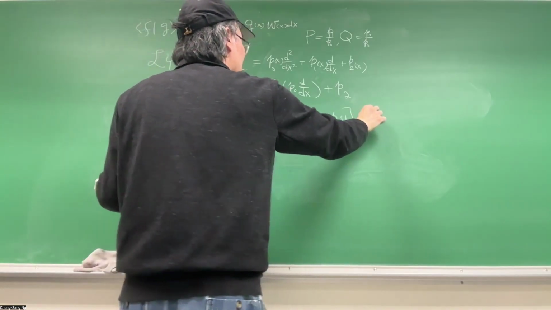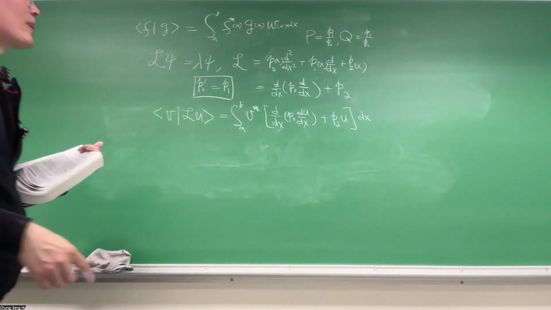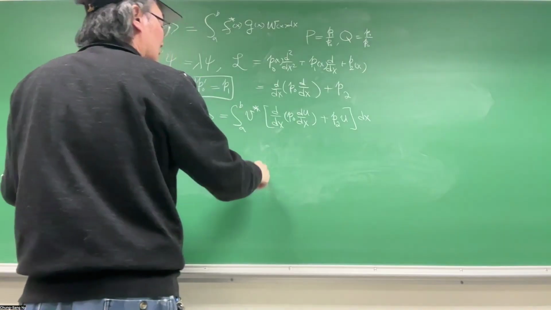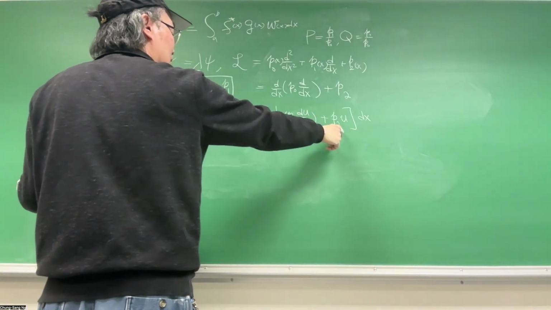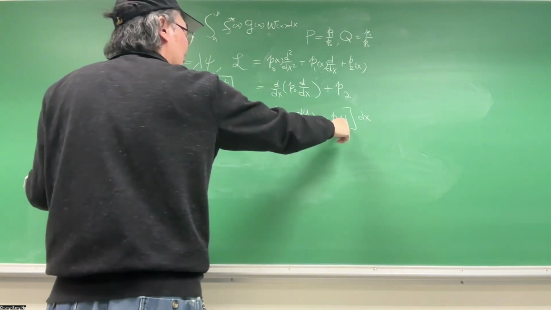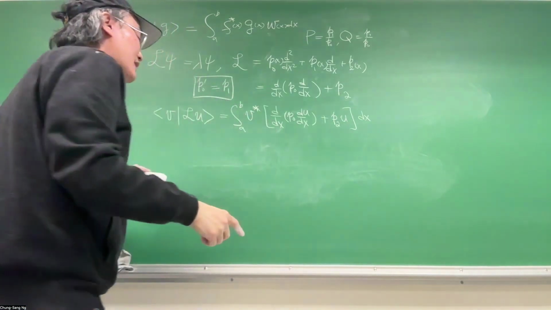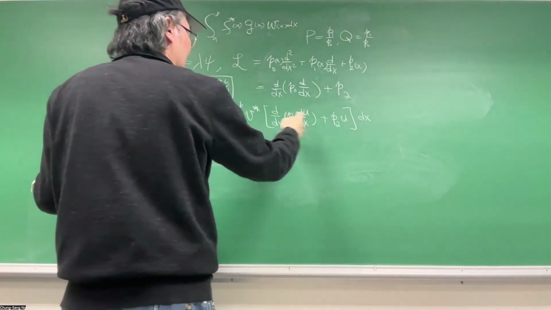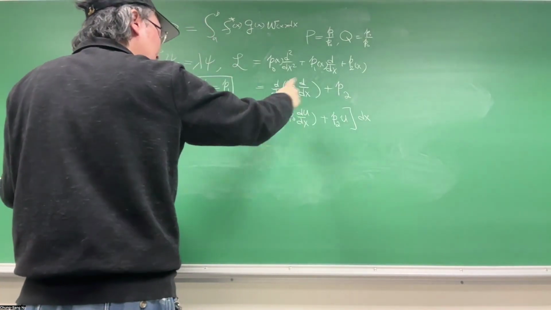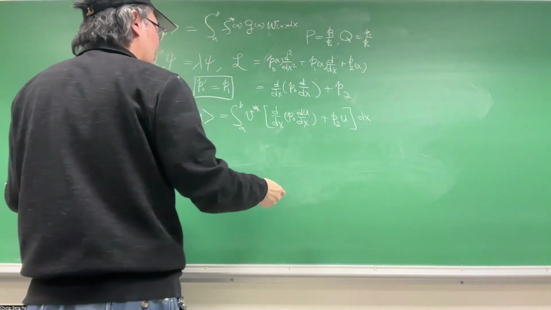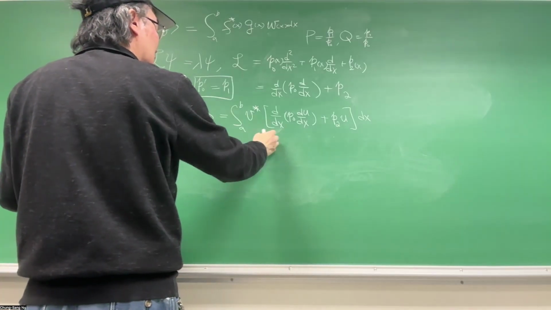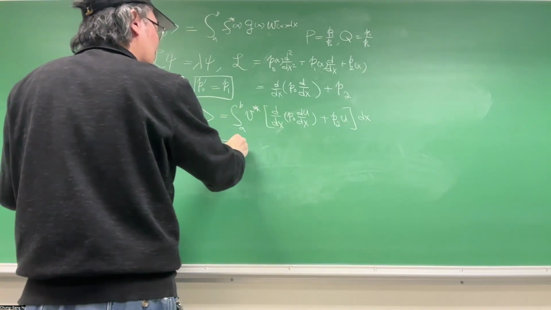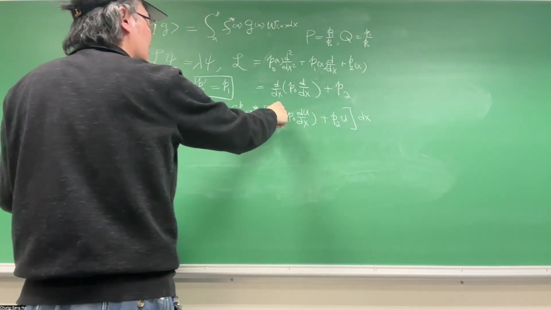Now the second term is obviously trivial because it's just multiplying u and v complex conjugate, and you can easily interchange the order of v and u. So we just need to work more on the first term.